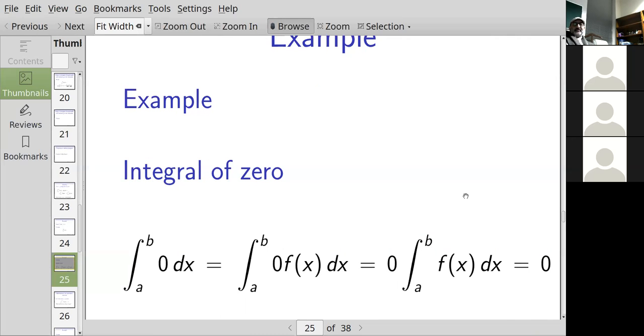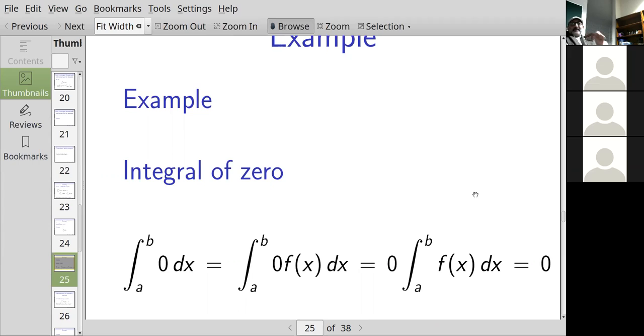Now, the integral from a to b of 0 dx is 0, right? One way of looking at that, if you want to think in terms of rectangles, each rectangle is going to have a height of 0.